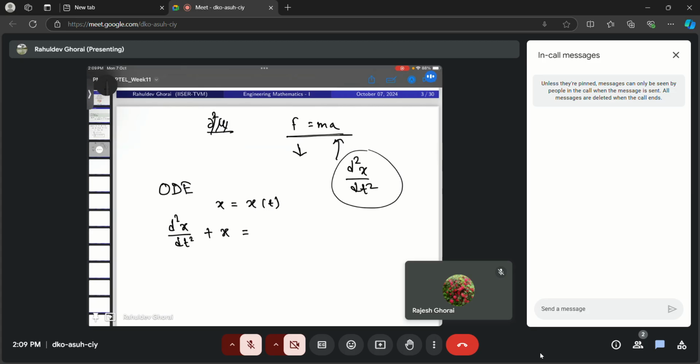What will be the degree and order of the differential equation?